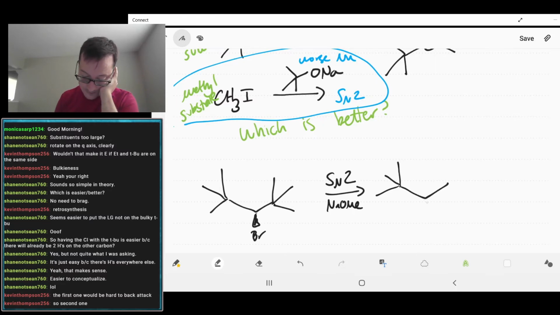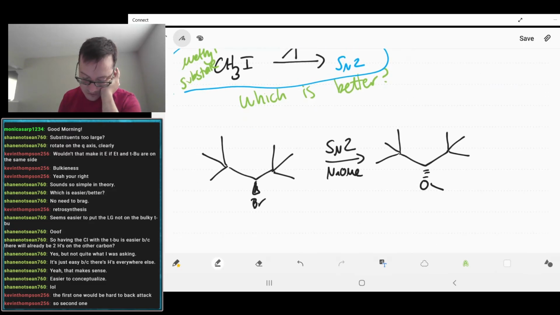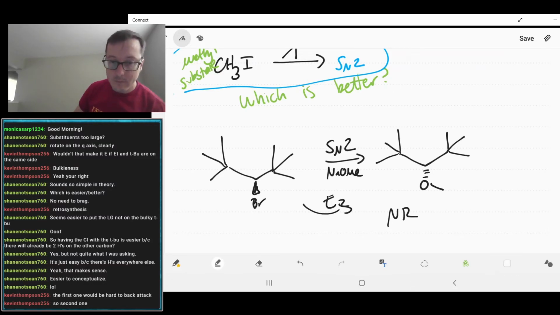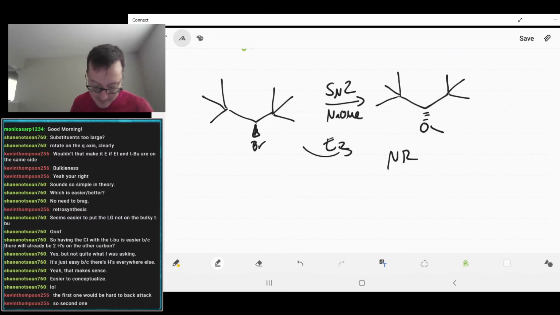Bad idea to use this as your nucleophile. But if it's SN2 conditions, it's not that bad, because there's no E2, no reaction. We have no beta hydrogens. However, this all just depends, right? We can take the same substrate, treat it with the same reagent, and just kind of vary our conditions.